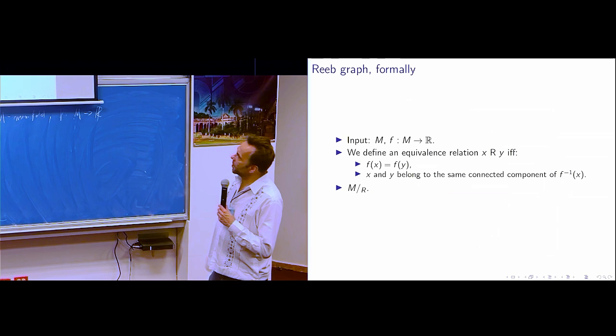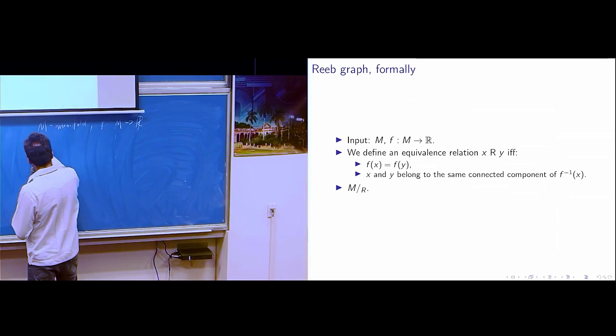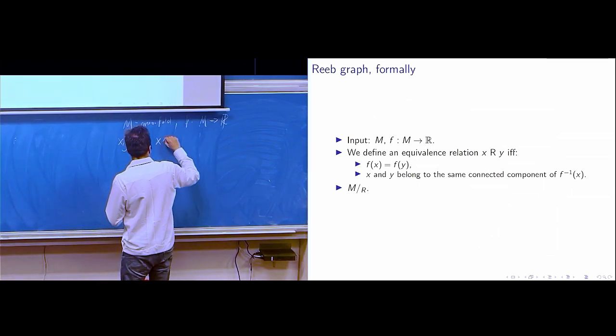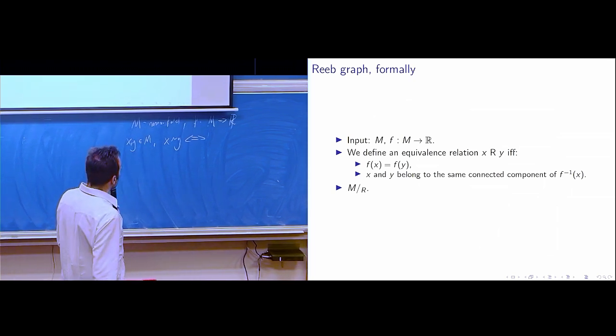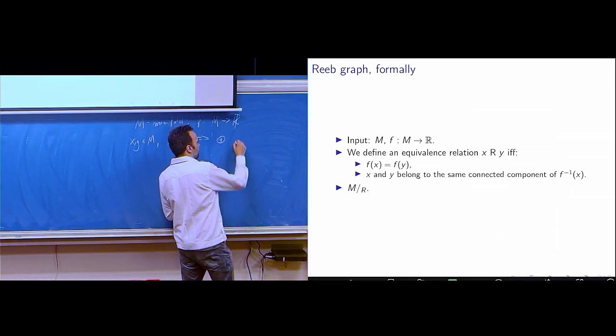So we define an equivalence relation. If we take two points from our manifold, we say that they are equivalent if and only if the following two conditions are satisfied. Condition number one, they need to have the same value of f.